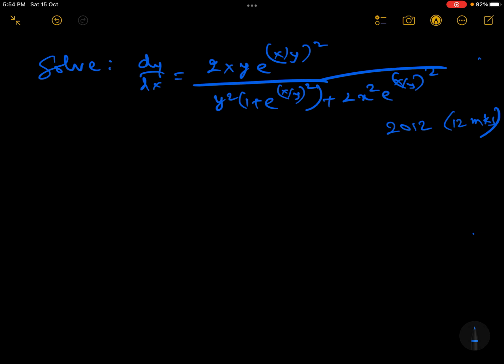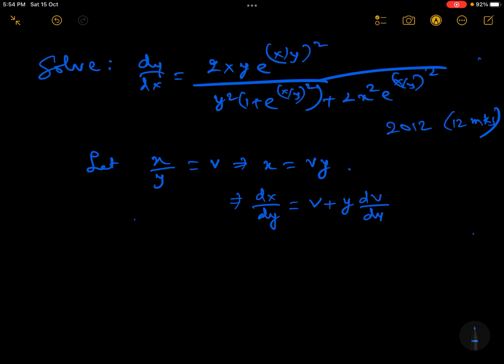Okay, let's do it. Let x by y equal to v. This implies x equal to vy, of course. So we are going to substitute everything, and let us differentiate with respect to y. dx by dy equal to first function, dy is gone, it's 1 only, plus y dv upon dy.